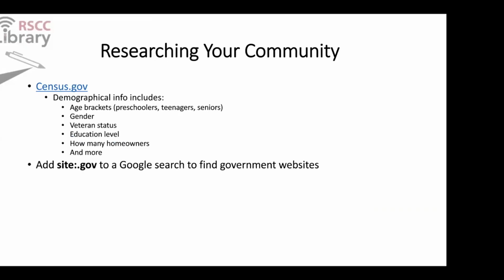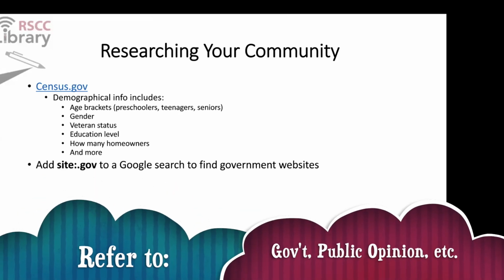Another quick tip, and I believe this is on your tip sheet from Professor Morphew, is when you're conducting a general internet search, add a domain type. In this case, I'm suggesting .gov to your search.